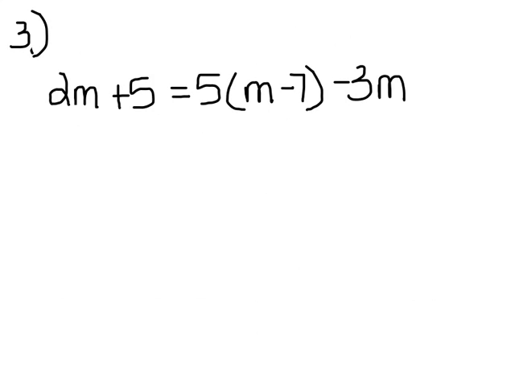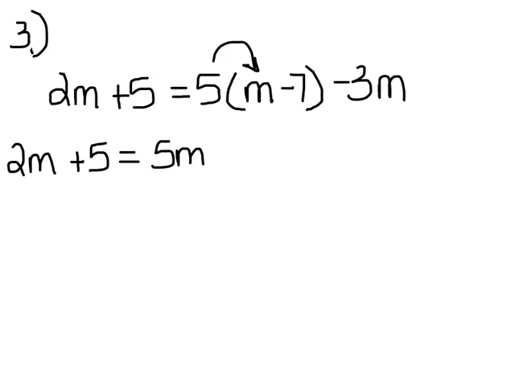In example 3, we'll start out by using the distributive property. So we have 2m plus 5 equals 5m. 5 times negative 7 gives us a negative 35. And then we have minus 3m.